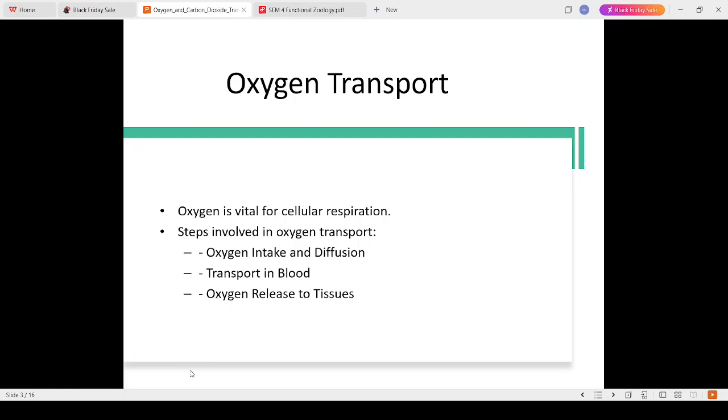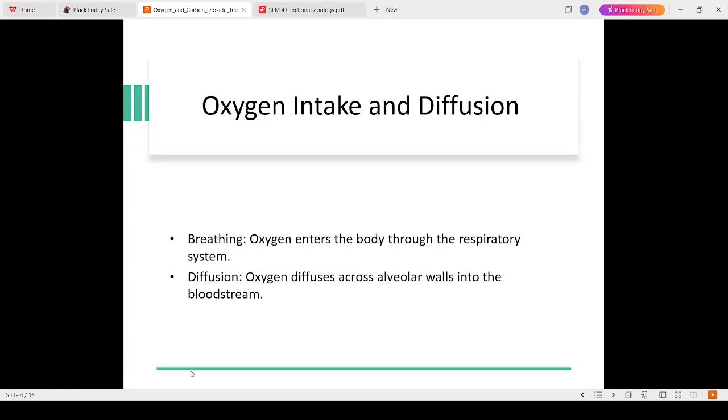From the lungs it will reach the blood, and from the blood it is carried by our RBC or hemoglobin, and you are getting it in the cells. So this is the normal mechanism. That is how oxygen is taken into the body, how oxygen will be transported in the blood, and finally how oxygen is released to the tissue. These are the three important things.